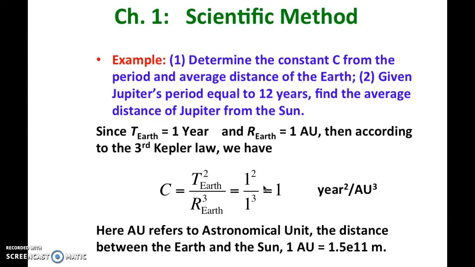First, since the Earth's period is 1 year, and Earth's average distance to the Sun is 1 AU, then from Kepler's third law, we can obtain the constant equals the square of the Earth's period over the cube of the average distance of the Earth to the Sun, equals 1 squared over 1 cubed, equals 1.